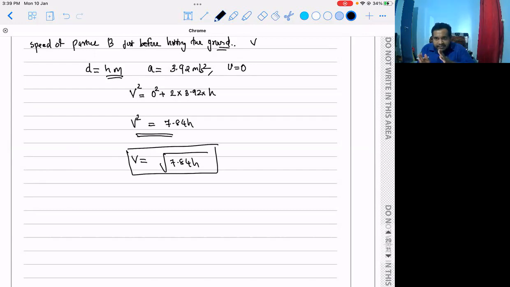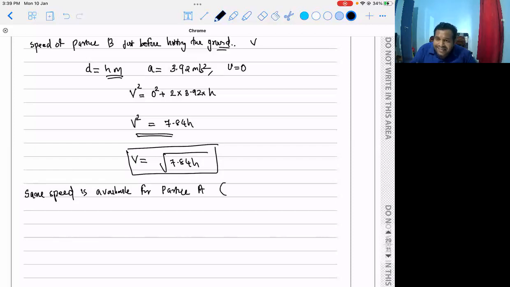At that instant, this particle is connected using a string to particle A. The same speed is available for particle A. What is the reason?